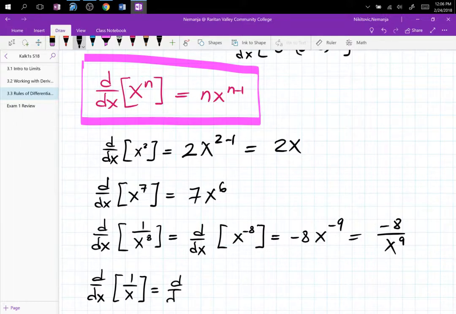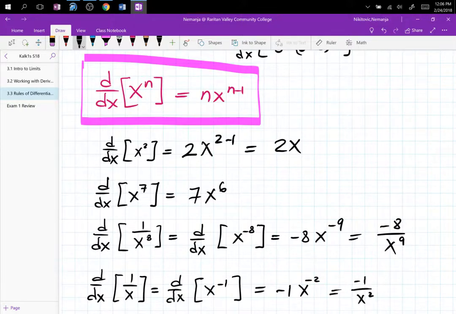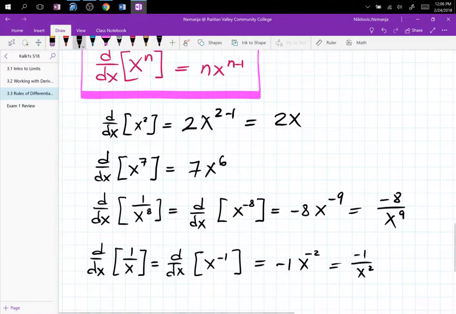The first step is to rewrite this as x to the minus 1. Drop negative 1. X to the minus 1 is minus 2. And there is your solution.